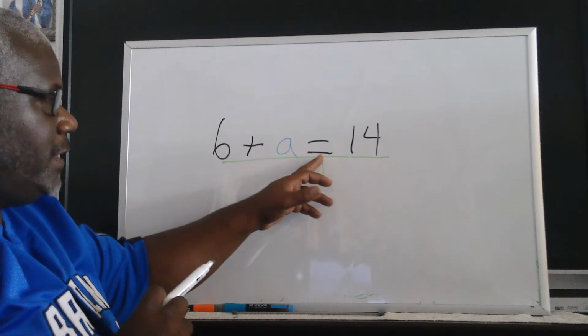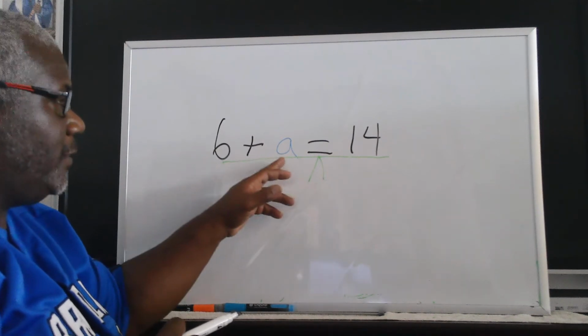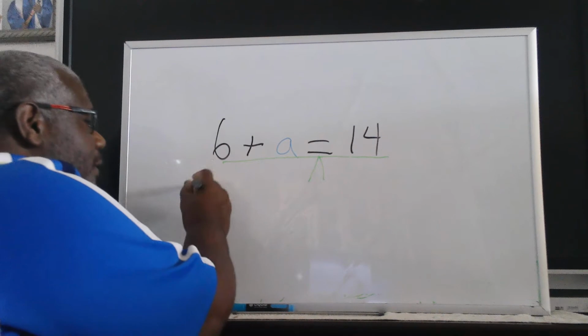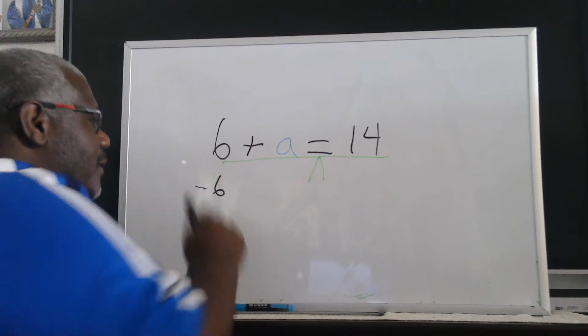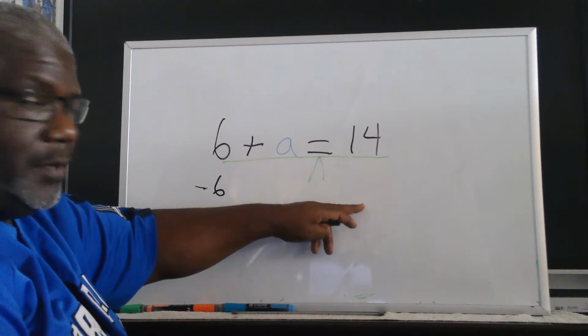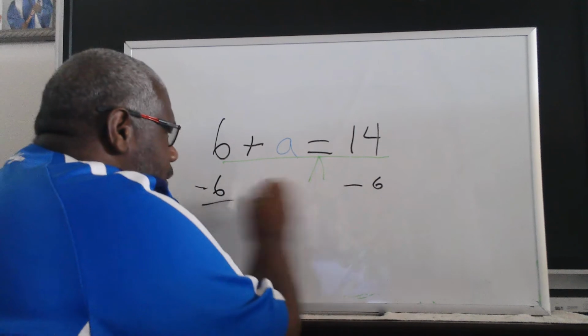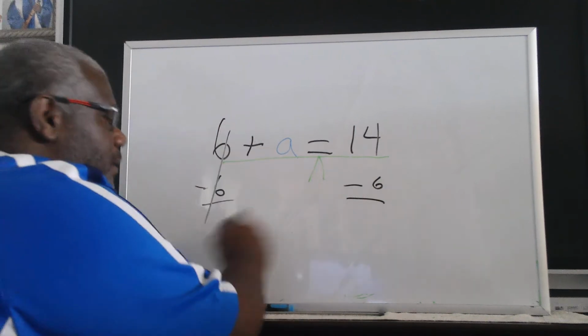Being that all things are equal and that this is a scale, if I want to get this by itself, I have to remove this. But removing it from here, this side will get a little bit heavier, wouldn't it? So I also have to remove it from here. 6 minus 6 is 0.